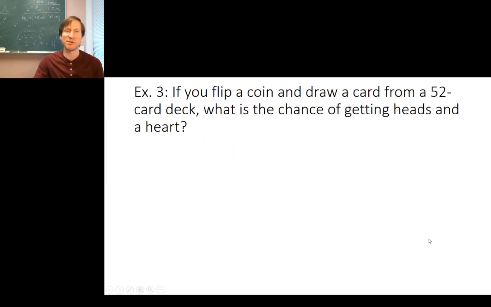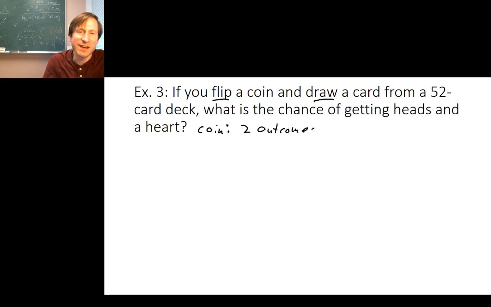All right, let's look at a couple examples. If you flip a coin and draw a card from a 52 card deck, what's the chance of getting heads and a heart? This experiment has two parts: flipping a coin and drawing a card. For the coin, there are 2 outcomes, heads and tails.